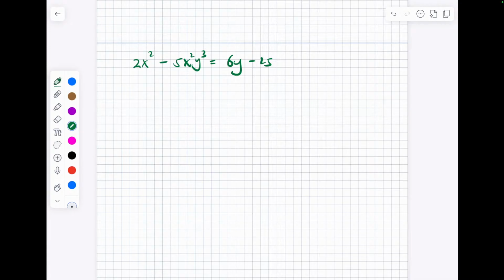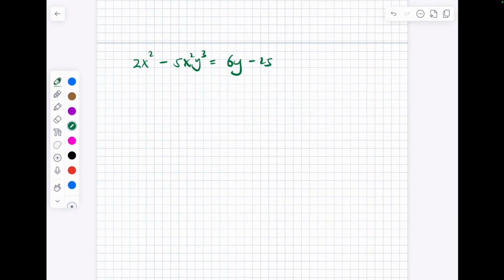Okay, so you take a derivative of this, it's going to give you 4x. And if you take a derivative of this, it's going to be minus 5. And take a derivative of x squared y cubed, so it'll be 2x y cubed plus x squared times 3y squared dy/dx is equal to 6 dy/dx.